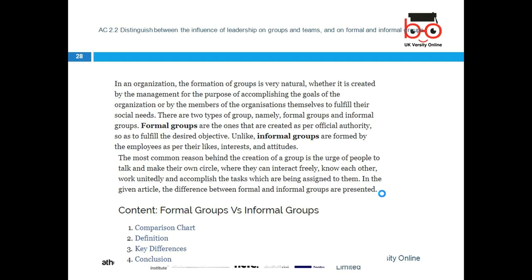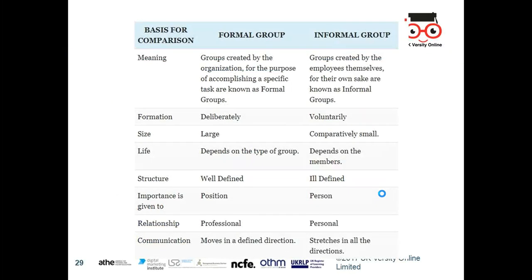Formal groups have clear objectives. We can make a comparison, with a definition, the differences and a conclusion. So when we look at the basis for comparison, formal group and informal group. A group created by the organization for the purpose of accomplishing specific tasks is known as a formal group. An informal group is created by employees themselves for their own sake, like we go together, we take a break together, we smoke together.